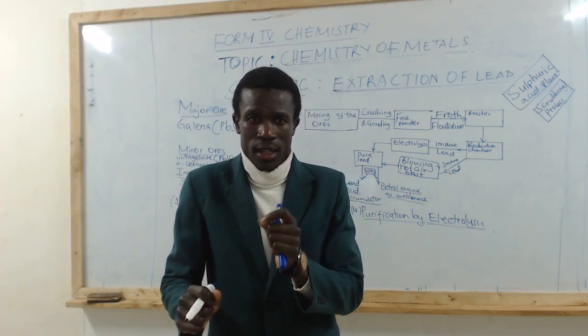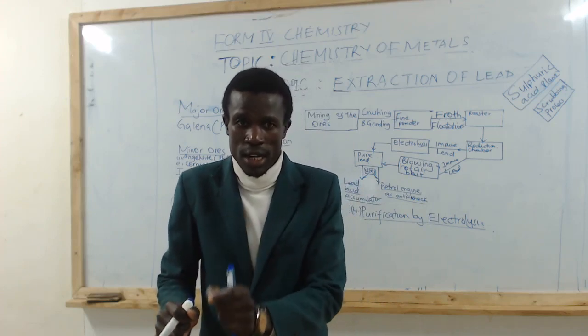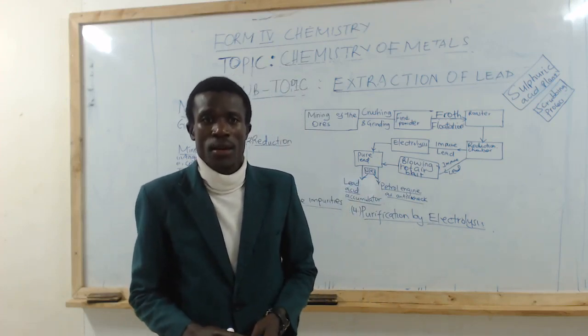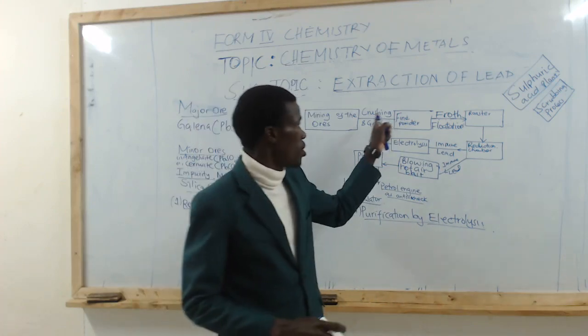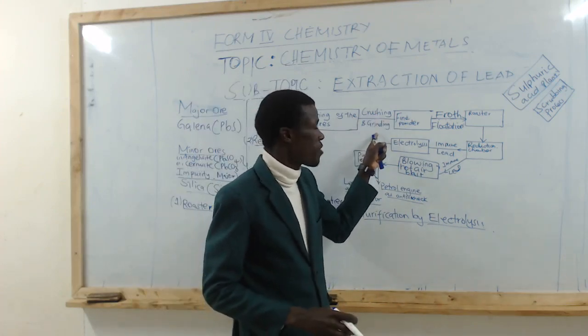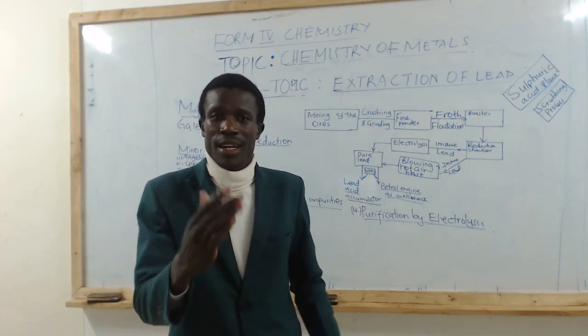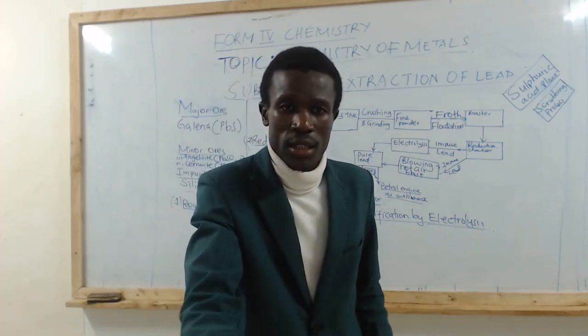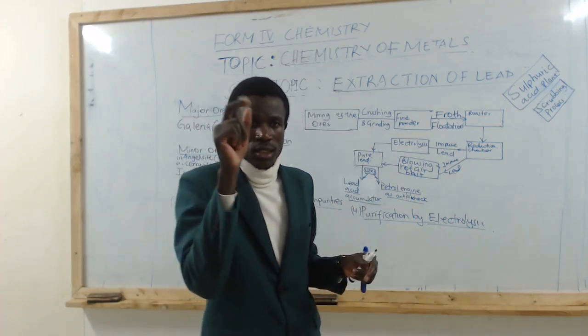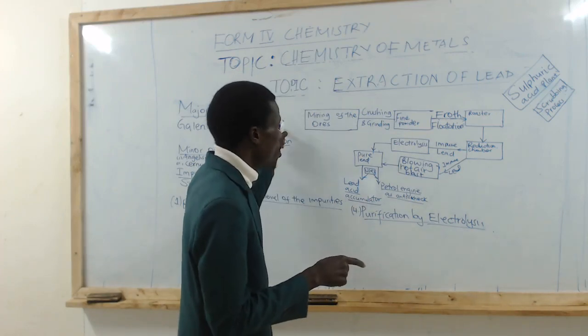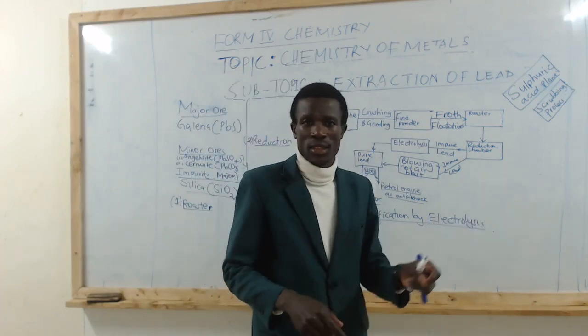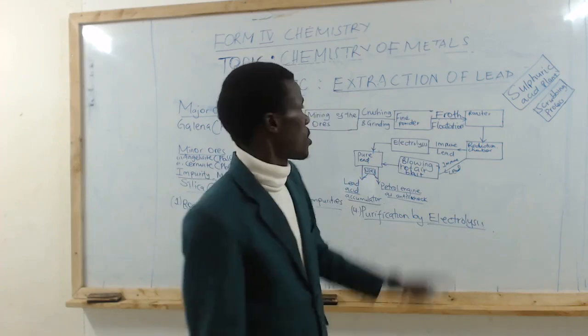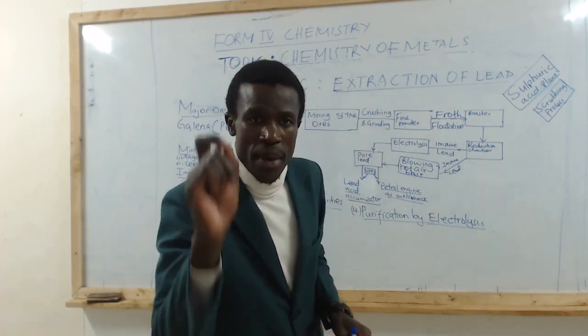Why is the ore crushed into fine powder? To increase the surface area of contact between the ore and the reducing agents, which will reduce the ore to a metal.